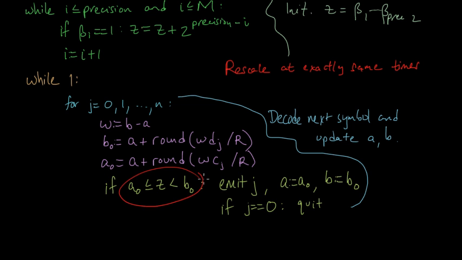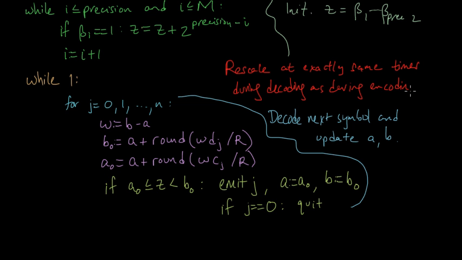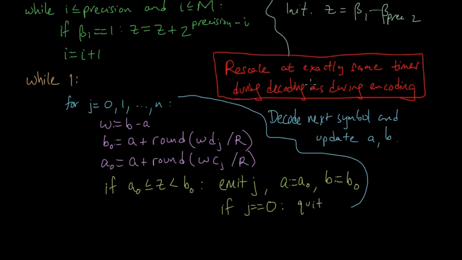So that when you do this comparison, you get exactly the same result. Exactly the same times during decoding as during encoding. So rescale at exactly the same times and in exactly the same way.